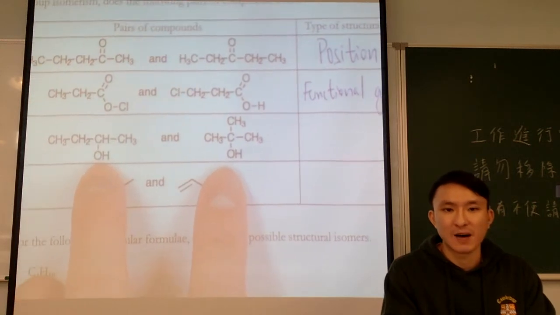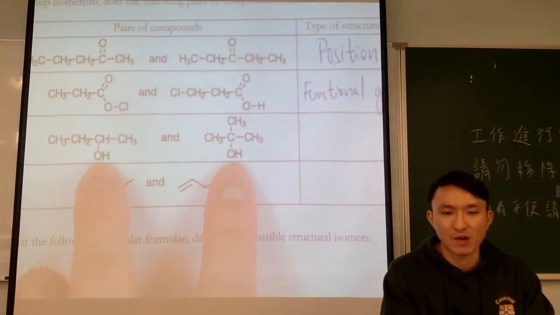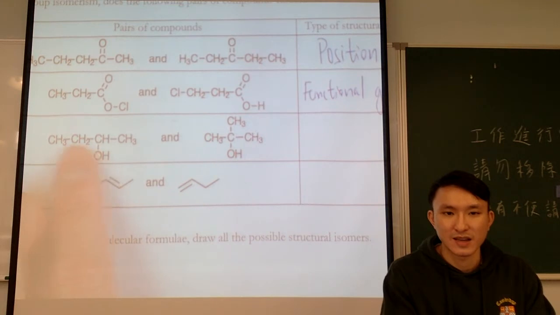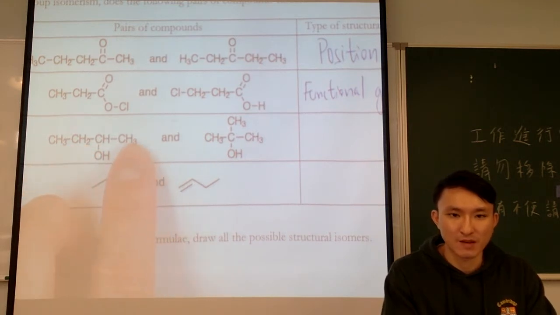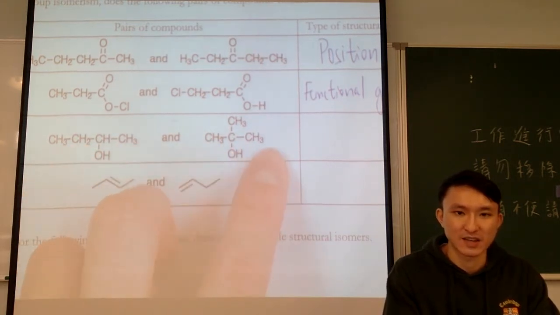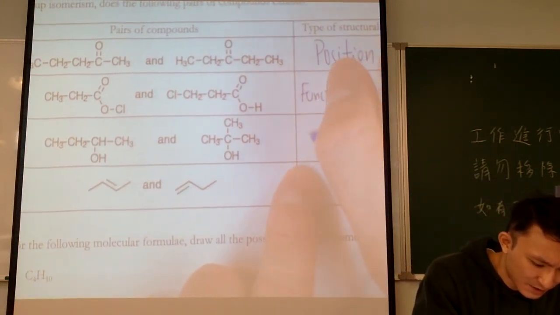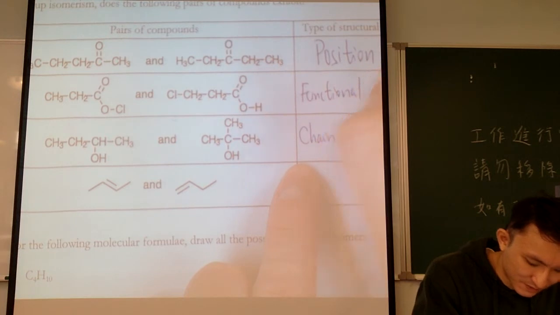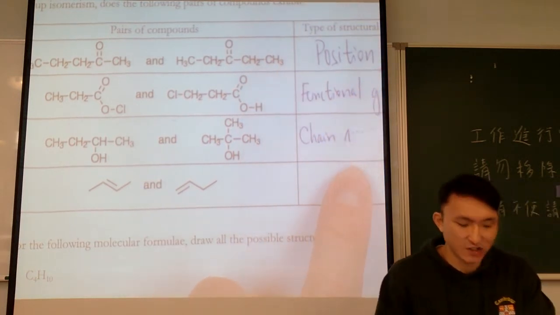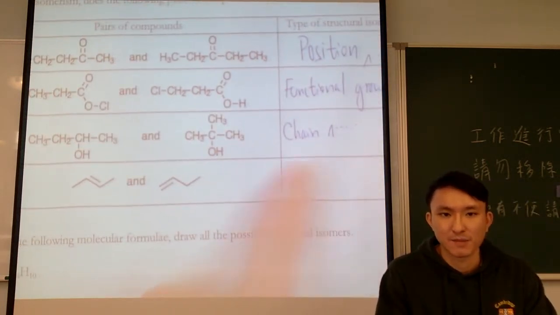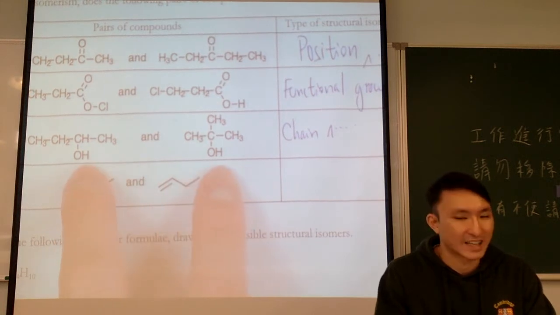Okay, this one. Both of them are alcohols, but this one has a 4-carbon longest carbon chain. This one has only 3. So this one I will put as chain isomerism. Both hydroxyl groups are at the second position, if you realize, so it is not position.